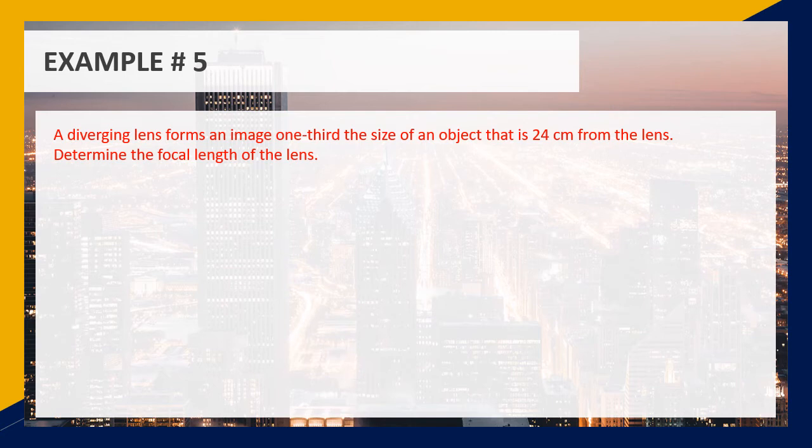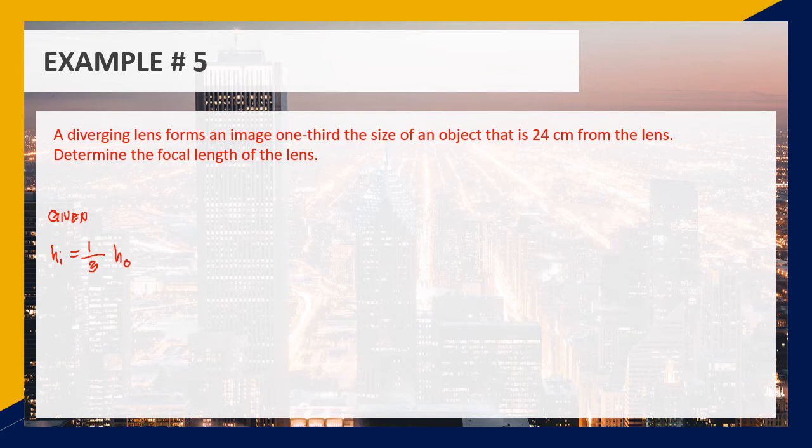Okay? Given. So what is it? A diverging lens forms an image 1/3 the size of the object. So the height of the image is equal to 1/3 the height of the object.